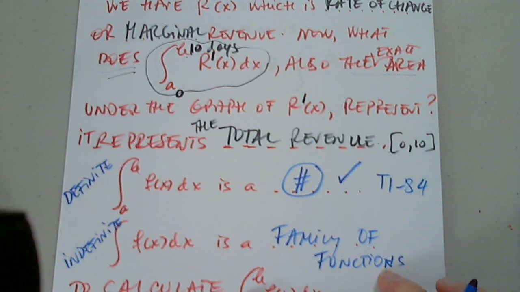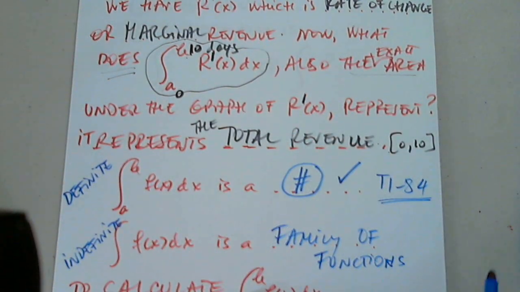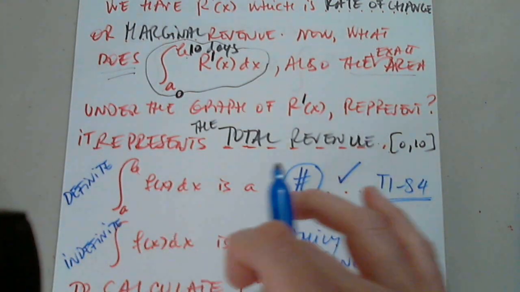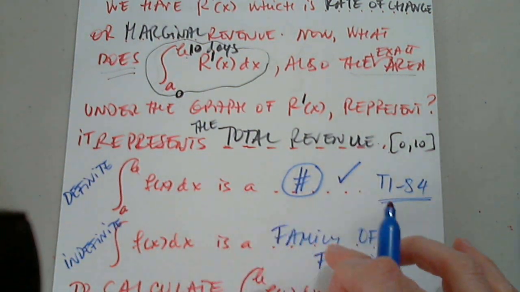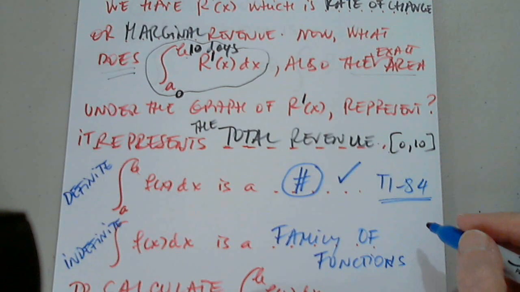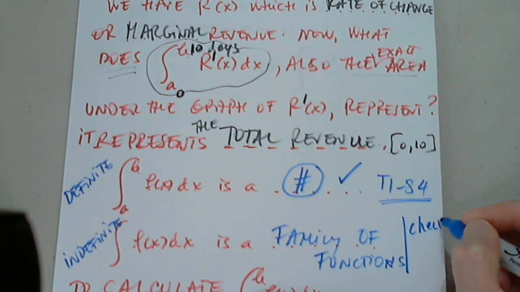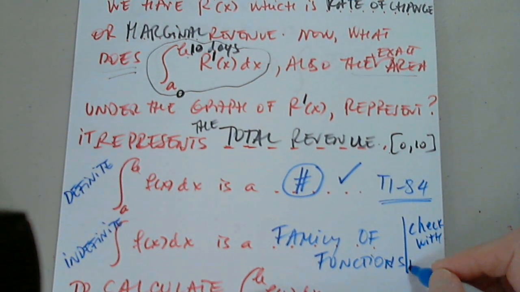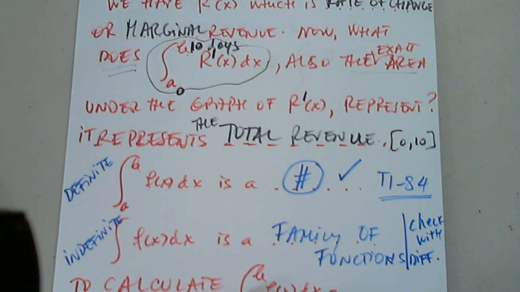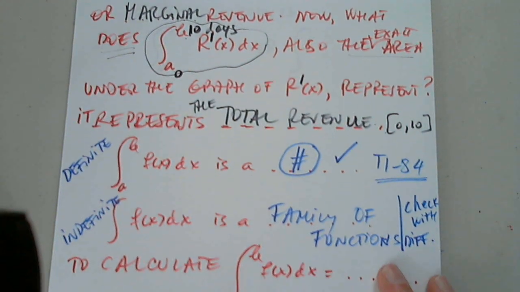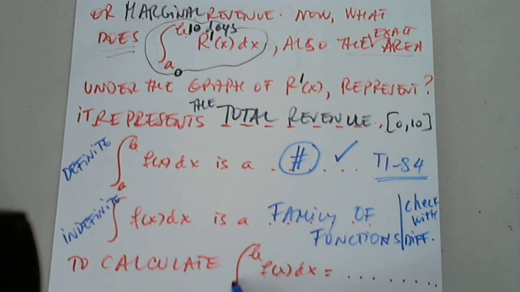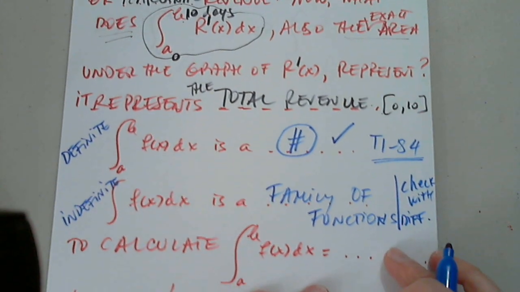And can we check this? How do we check this? We check it by taking the derivative. Exactly. Check with differentiation on both sides. To calculate the definite integral from a to b of f of x dx, what is the procedure? How did we calculate it last time?